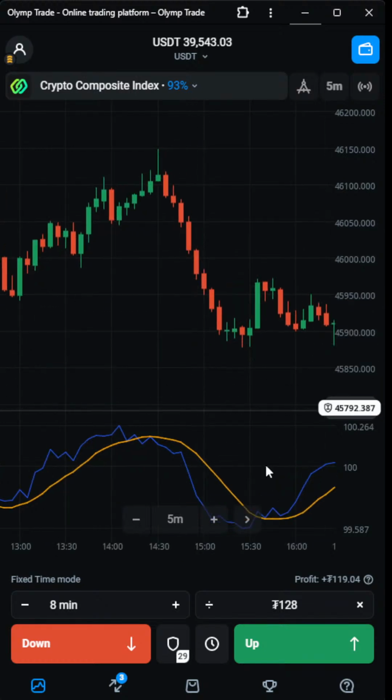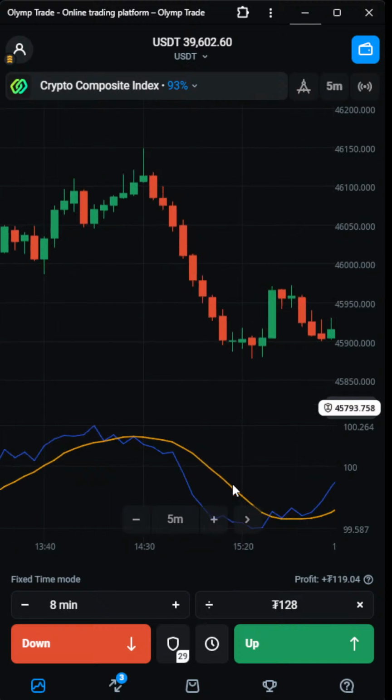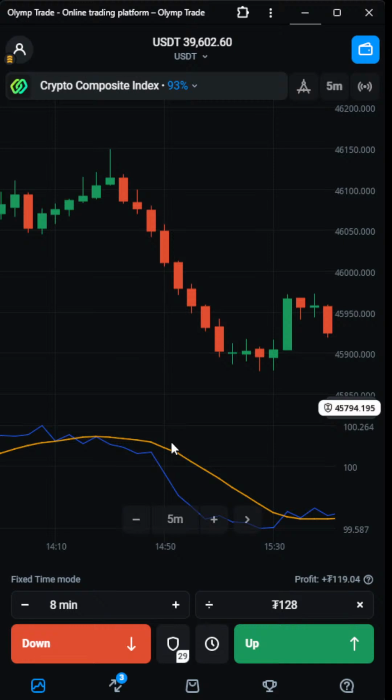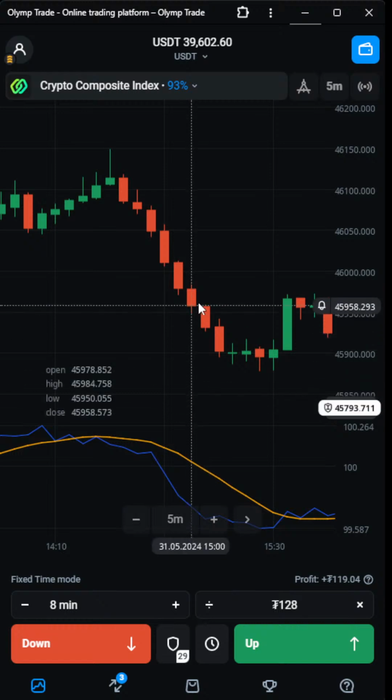The first thing that you will see, consider this as the 100 line. This is a golden line. Now hear me out: when the golden line crosses this 100 line from top to bottom, and at the same moment there is a red candle formation, in that moment we can take the trade in the downward direction.